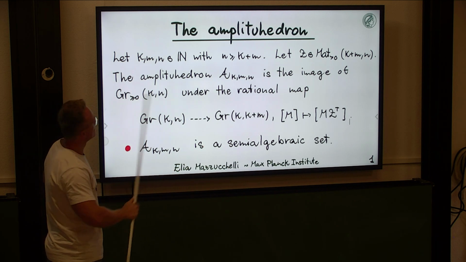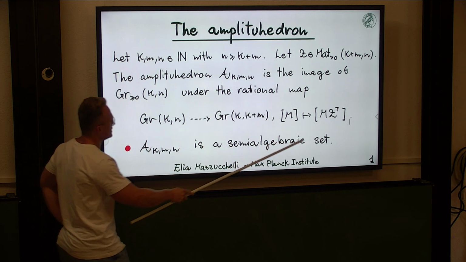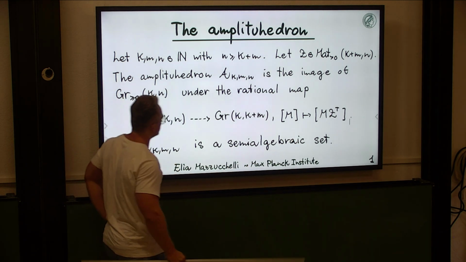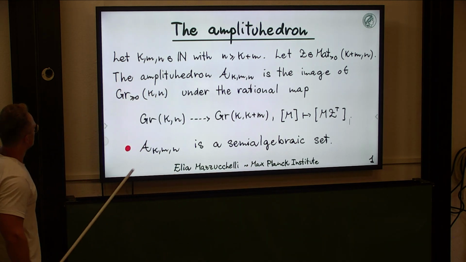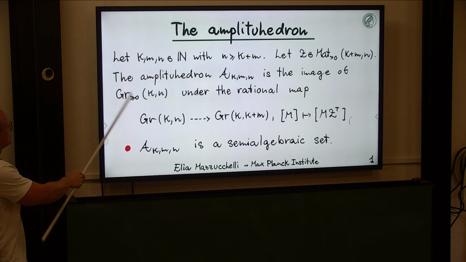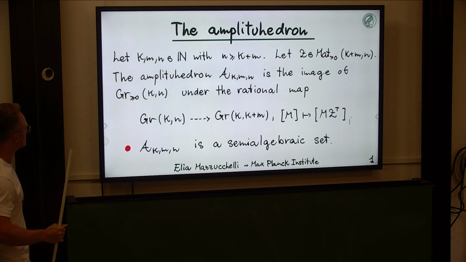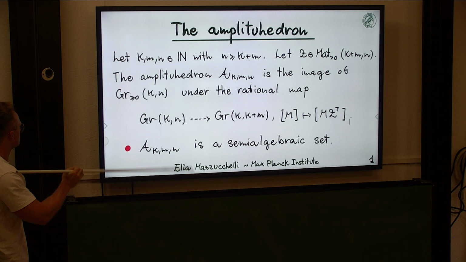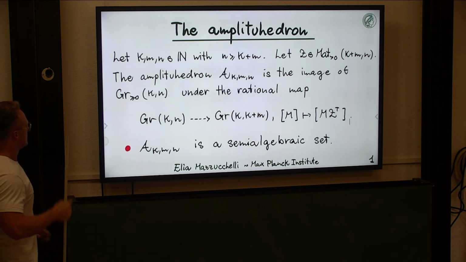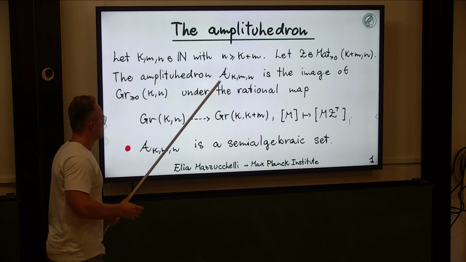This is a linear map induced by Z, by right multiplication by its transpose. So it's the image of the non-negative Grassmannian Gr(k, n) under this map. And this is a semi-algebraic set inside this Grassmannian here.